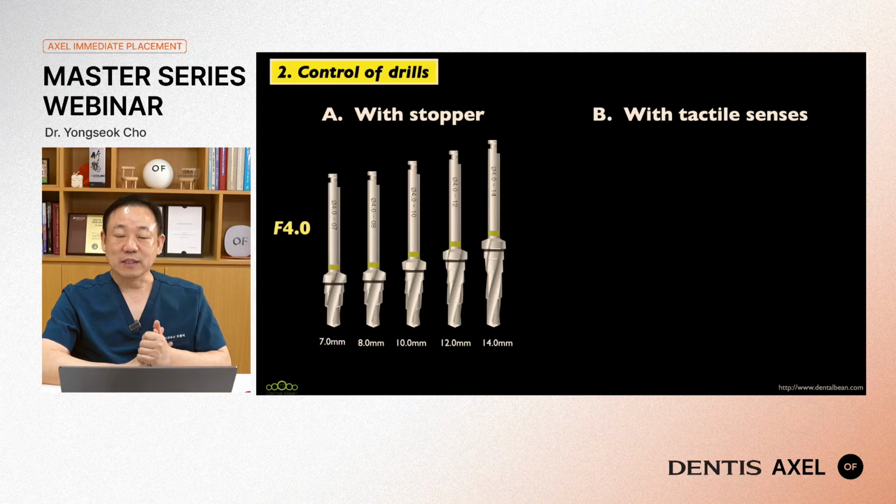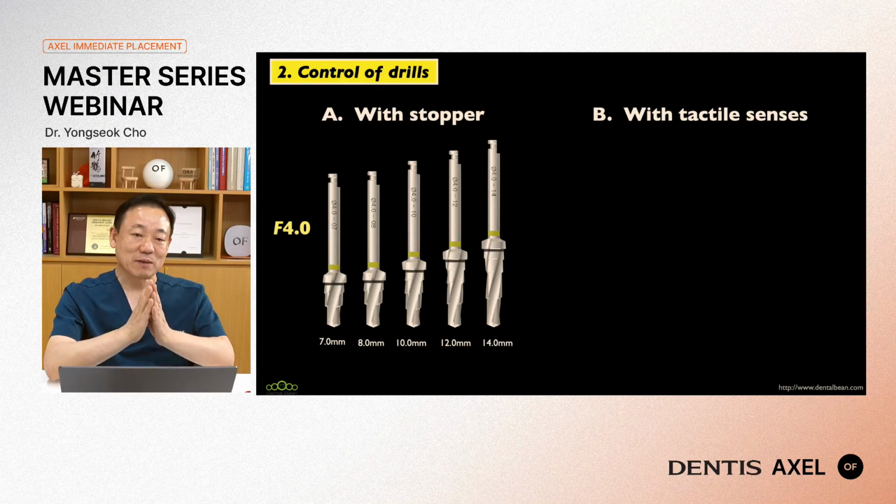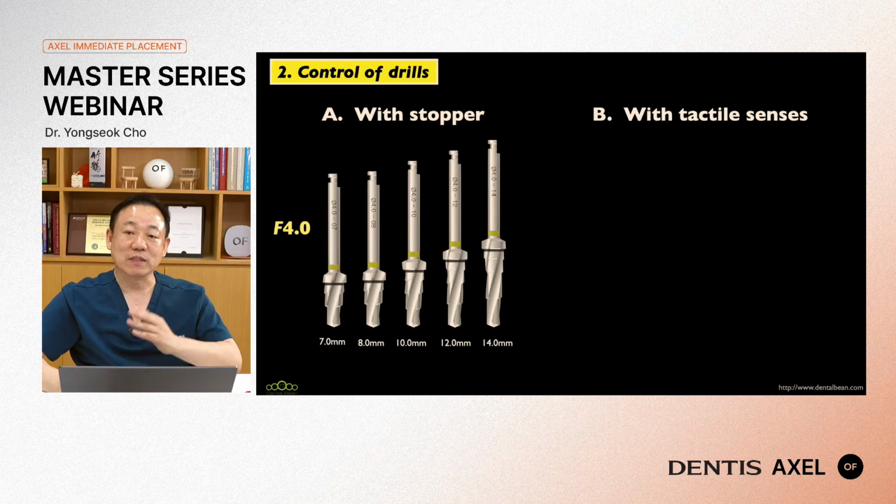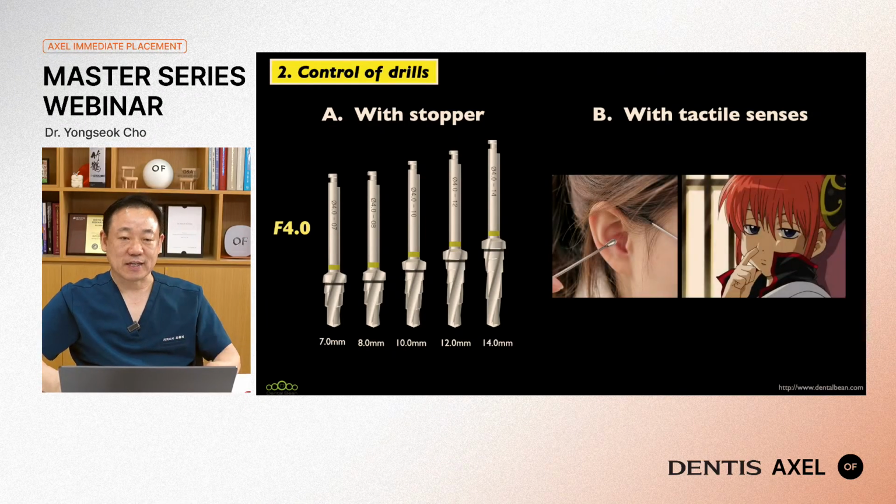But in the case of immediate implant, especially when the septal bone is very narrow or weak or very lowly positioned, we cannot use the stopper as an indicator. At that time, you must use tactile sense. With your tactile sense, you must control your drill.